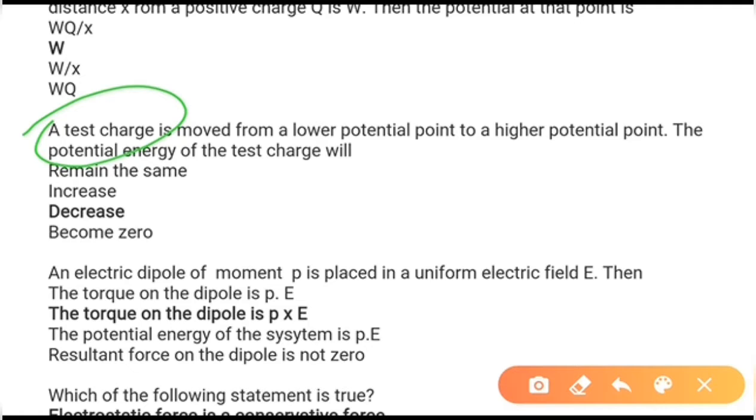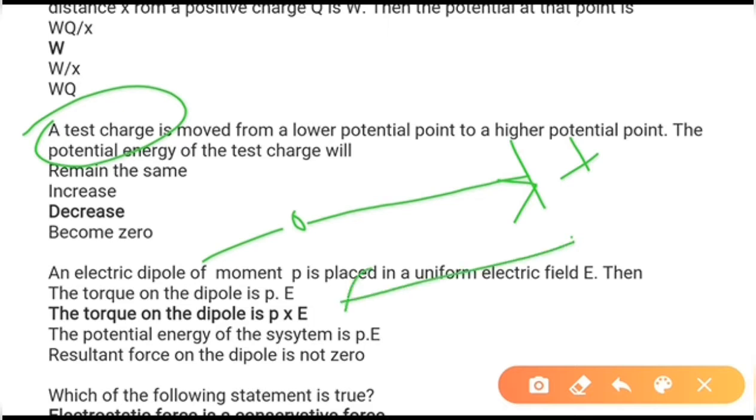If the positive charge is moved from lower to higher potential, it moves against the electric field direction. The electric field is always from positive to negative, higher potential to lower potential. So here the positive charge is moved against the field, so the potential energy increases. The answer will be increases.